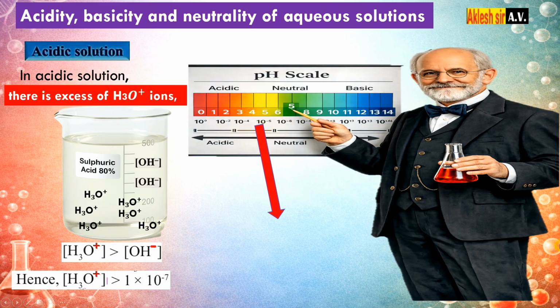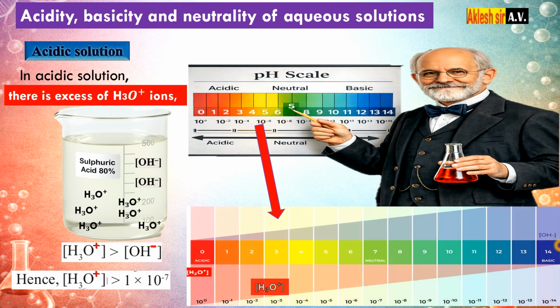So Sorensen said that if I bring this pH scale, in this pH scale you can see here there is some value here 0, 1, 2, 3, 4, 5, 6, 7, 8, 9 till 14. The pH value starts from 0 and ends at 14. So here hydronium ion concentration is what? Greater than 10 raised to minus 7, which means minus 6, minus 5, minus 4, like that. So here this is the range for acidic solution. Minus 6, minus 5, minus 4, minus 3, minus 2, minus 1, 0.